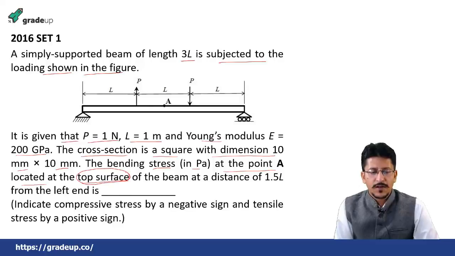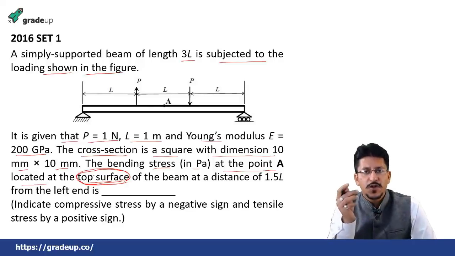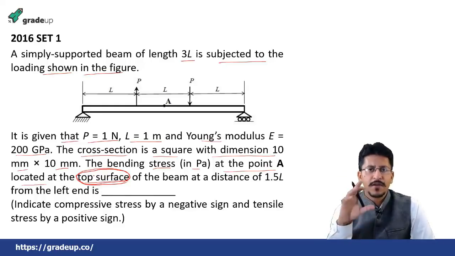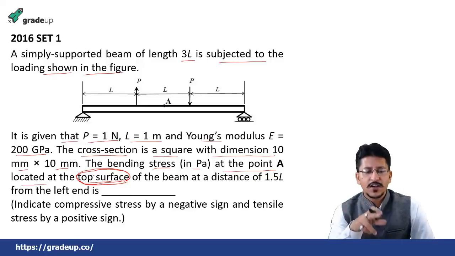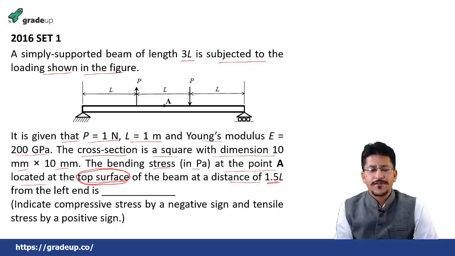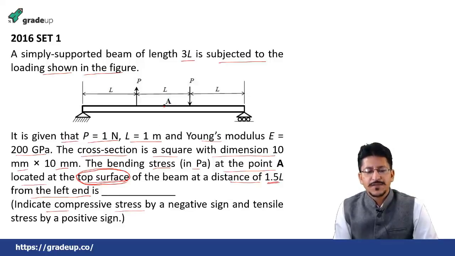This will have the effect of positive and negative, because positive negative means a tension in the top fiber or compression in the bottom fiber, whatever of that sort. So that is why it is written the top surface. At a distance of 1.5 L from the left end, means at this point A, which is at the mid of the beam. Indicate compressive stress by a negative sign and tensile stress by a positive sign.